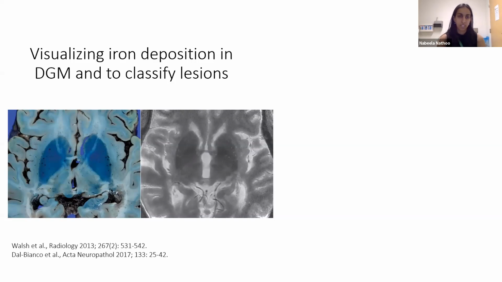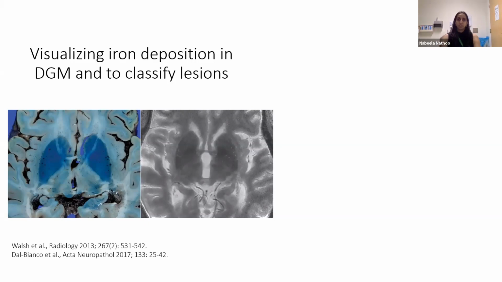visualizing iron deposition, mainly because this is my favorite, in deep gray matter structures and to classify lesions. So some really nice work has come out of Dr. Willman's lab, obviously, at the U of A, looking at these susceptibility MRI measures that can look at iron very well and doing really nice pathology, looking at iron to correlate and see that this is quite accurate when it comes to measuring iron deposition in vivo.